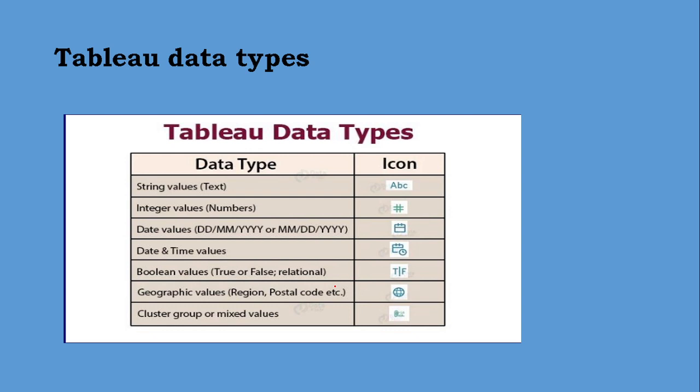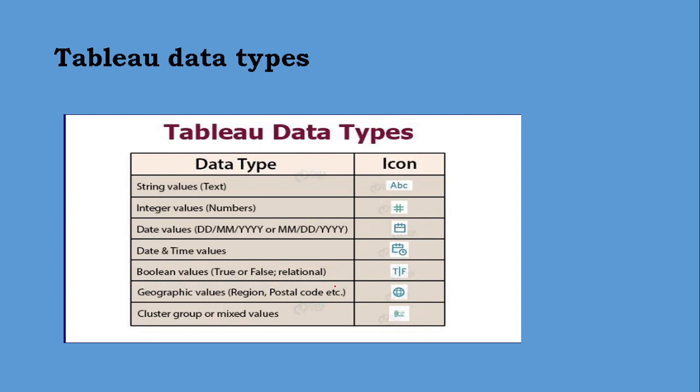So number five, we have boolean values, which are used for relational purposes like true or false, yes or no, male or female, something like that. So they are boolean values. Number six, we have geographic values.